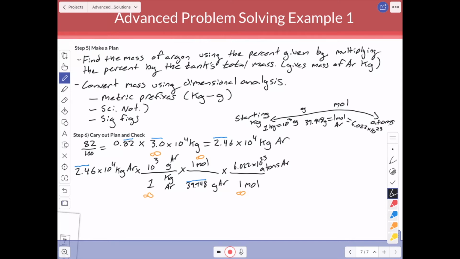So it has significant digits. And remember, we said we were going to use 4 sig figs always in this class. Okay. I should always write out all my units. Make sure everything cancels. So checking that I set it up right. It does. So now we'll do our math to the proper number of significant digits.